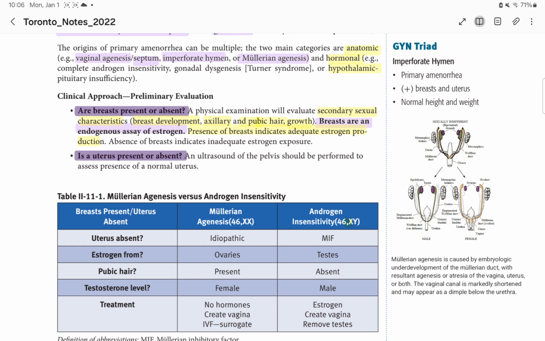has breasts, or doesn't have breasts, or the uterus is present or not present.